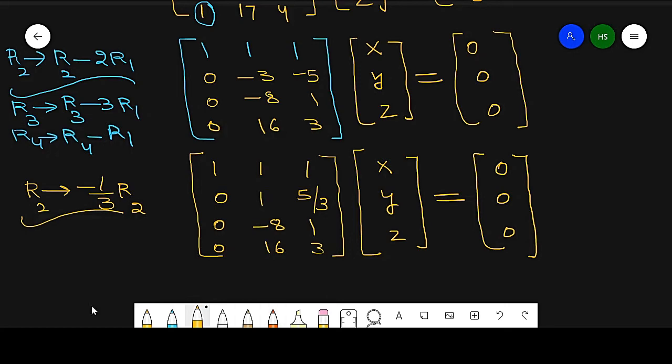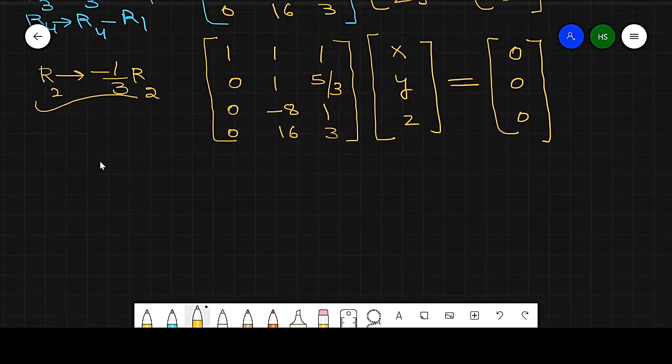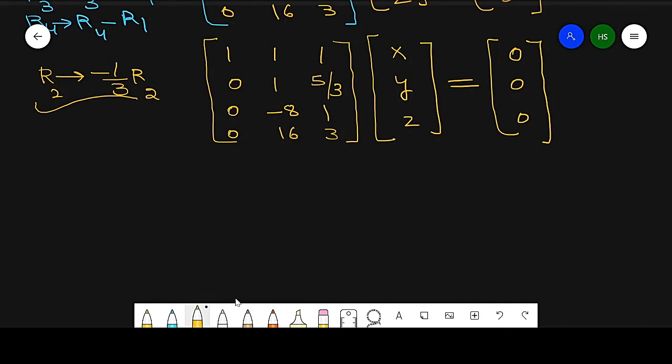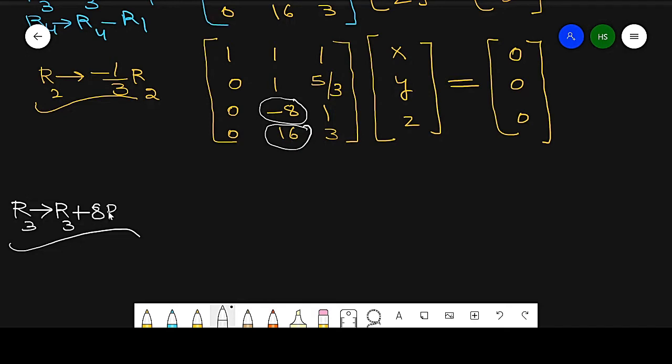Now after that, to make these terms 0, I will apply the operations R3 plus 8R2 and R4 minus 16R2.